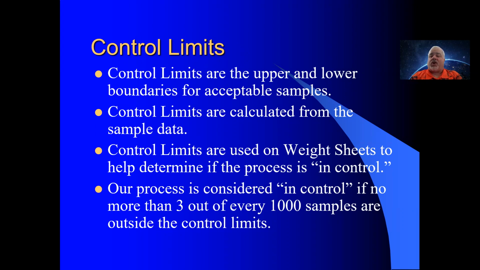How close to that 1 pound can I get consistently? And based on what is considered a good, stable, effective operation of that machine, I calculate my upper and lower control limits. Now, you don't have to worry about how to calculate them, but these control limits are very important.